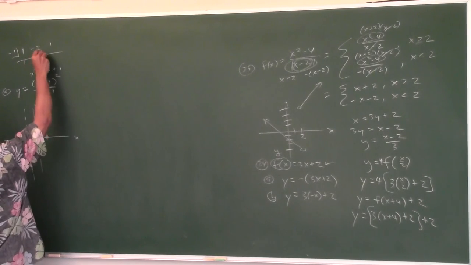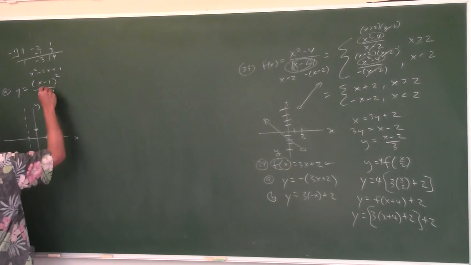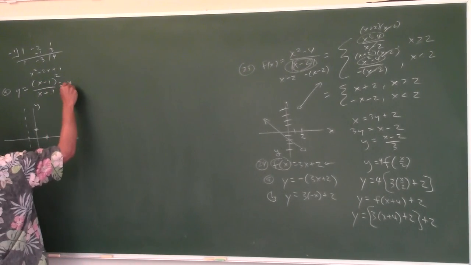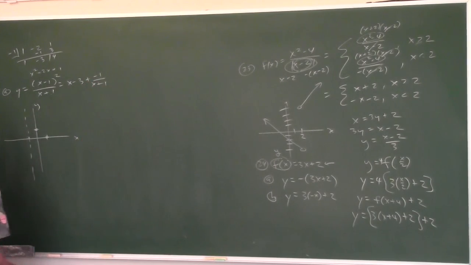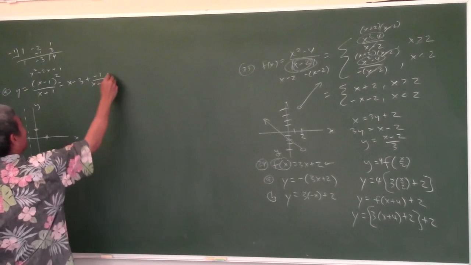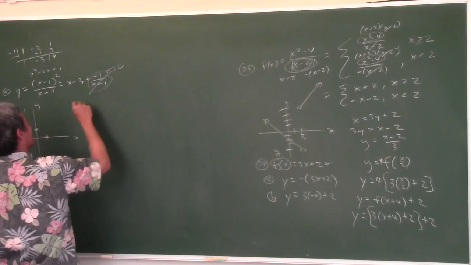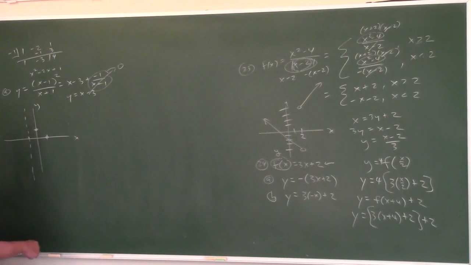So you're going to get 1, negative 3, 3, 4. When you divide this, you're going to get x minus 3 plus negative 1 over the divisor. As x approaches infinity or negative infinity, this part goes to 0. So that's why y equals x minus 3 is your slant asymptote. Basically, that part right there.